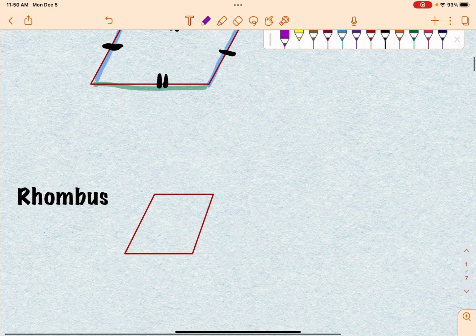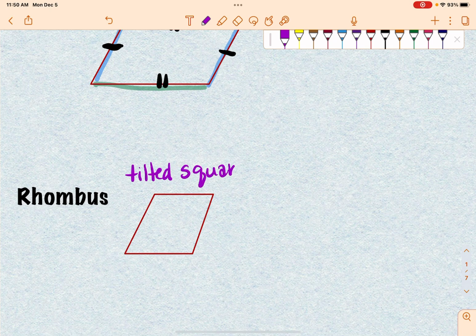Okay, rhombus. Some people will talk about this as being a tilted square. So let me see, I'll raise this a little bit to get a better picture for us. So when you're dealing with this, you have 4 sides that are all going to be the same length.